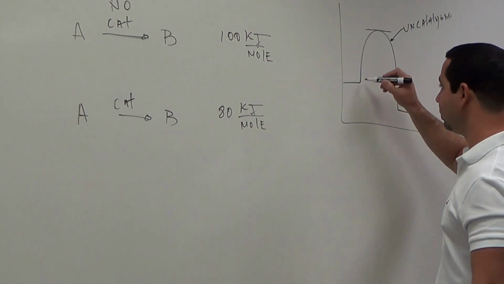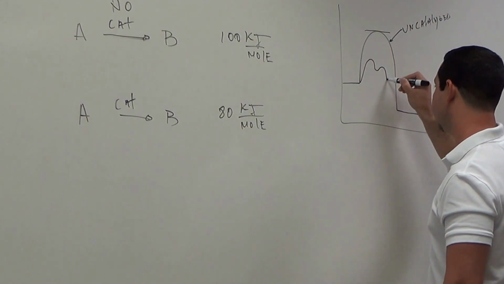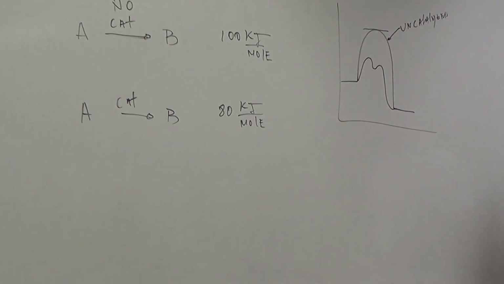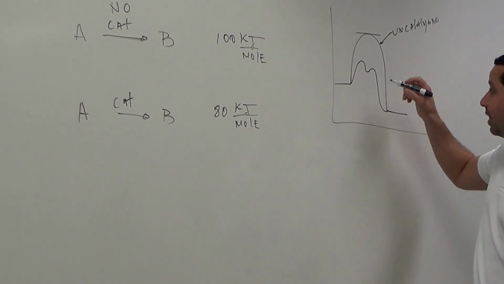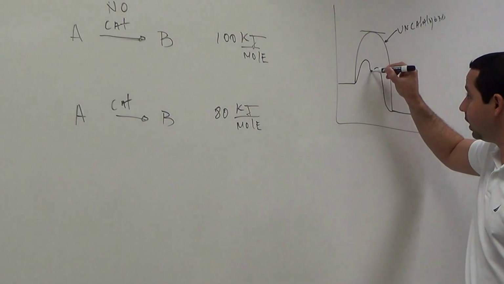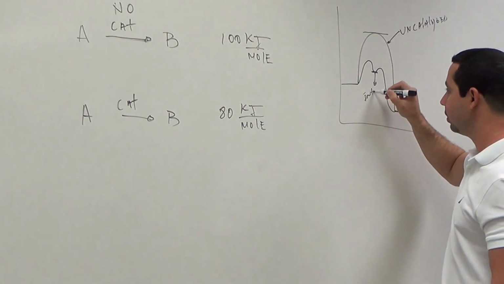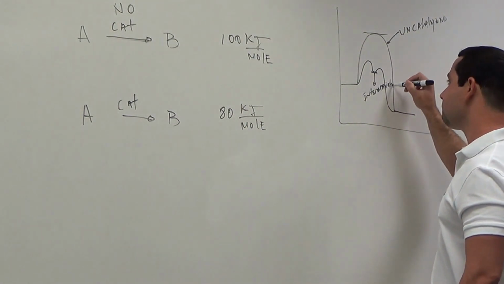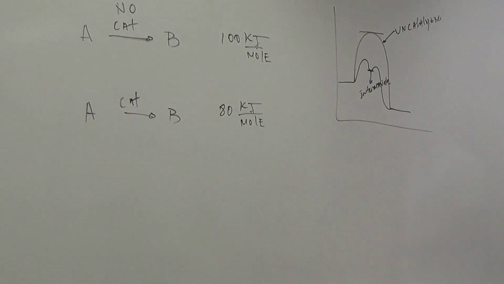So this is what happens. A catalyst changes the mechanism and introduces new intermediates. The bottom of this thing here is an intermediate that the catalyst introduced.